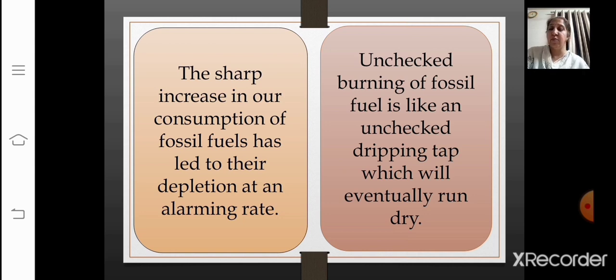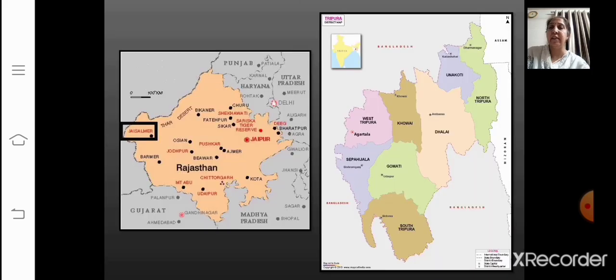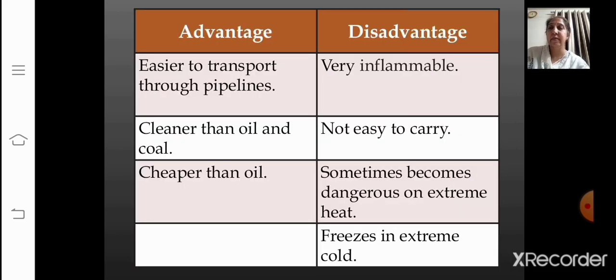Now let's go through the production of natural gas in India. In India, we get it in Jaisalmer, the Krishna Godavari Delta, as well as in Tripura. And even some areas offshore in Mumbai have natural gas resources. So we can say very few countries in the world have sufficient natural gas reserves of their own. Now let's go through the advantages and disadvantages of natural gas.